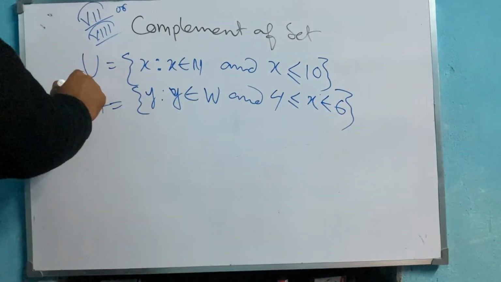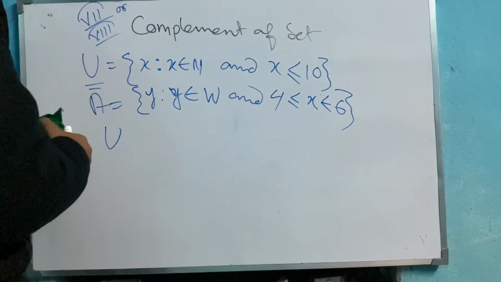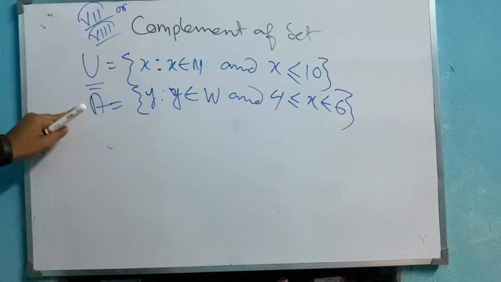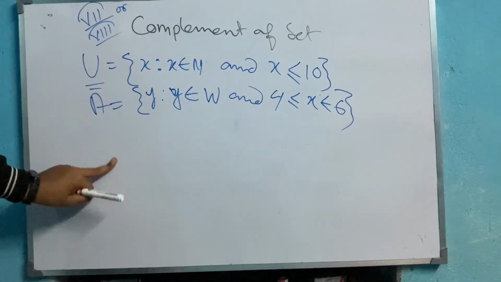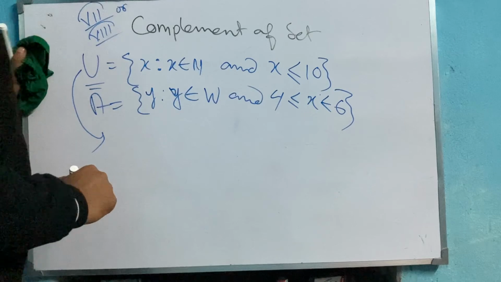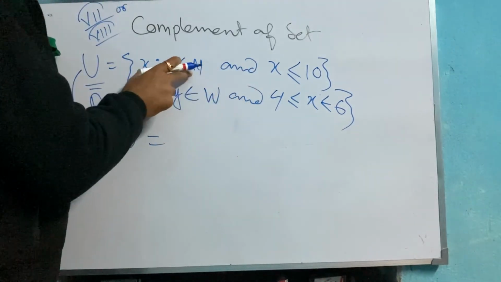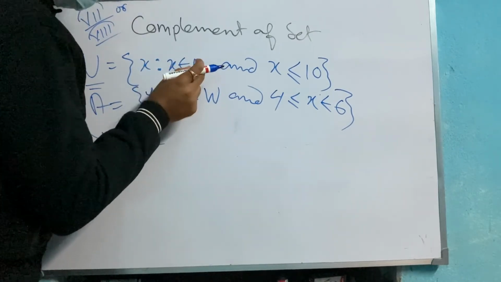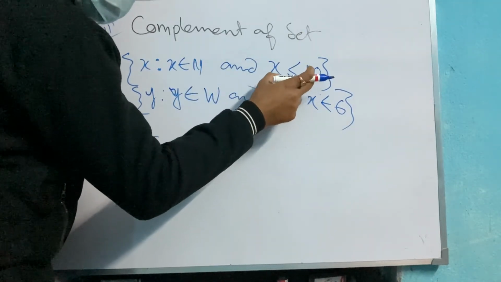So what is the set U? These sets are in set builder form. We have to convert them into roster or tabular form. U is the set of x where x belongs to N, the natural numbers, and x is less than or equal to 10.